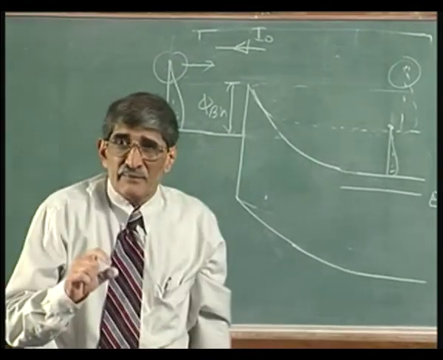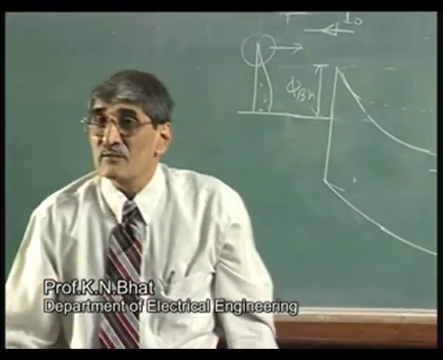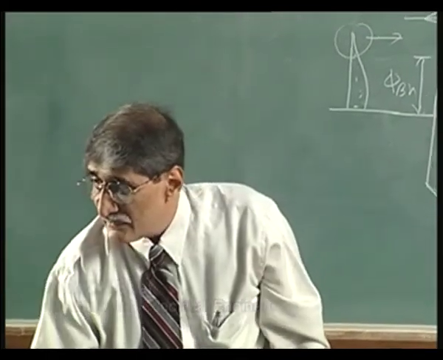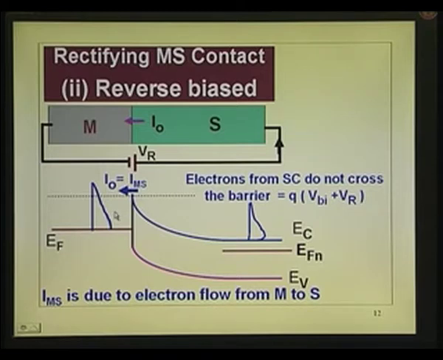So, phi Bn, if it is smaller, I naught will be larger. The current when you reverse bias will be larger if phi Bn is smaller, because if phi Bn is smaller, you are lifting the left hand side up all the way. So, you will have more electrons which can cross that. Okay? You can look into it either way.